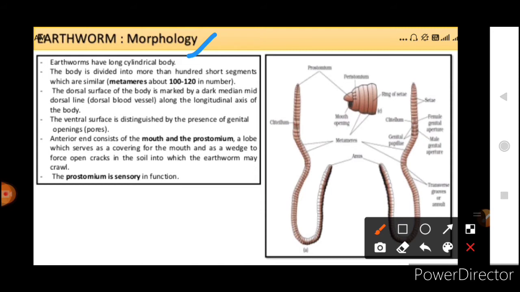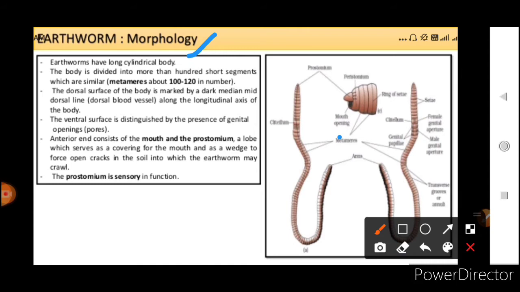So the body of the earthworm is divided into more than 100 short segments which are similar, that is metameres, about 100 to 120 in number. When you go from the top segment to the last segment, the whole body is made up of metameres.